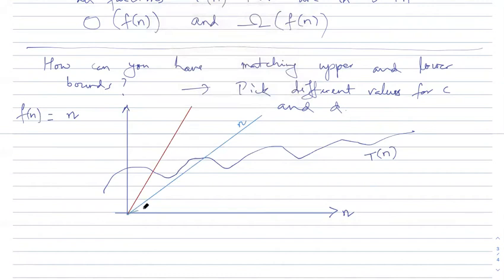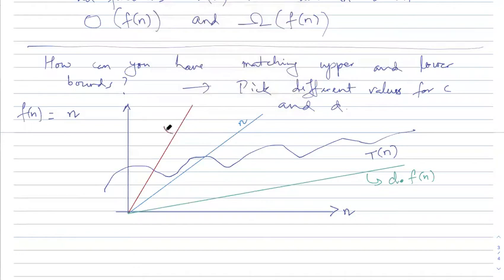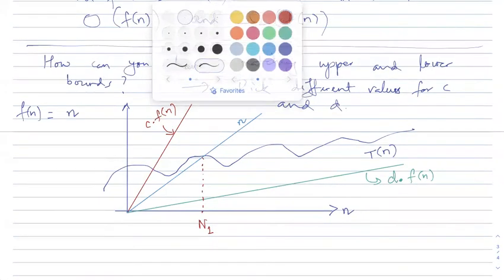And this is your d times f of n, and this one is c times f of n. So what do we see here? There are two values. Here, this is the value, let's say n1.